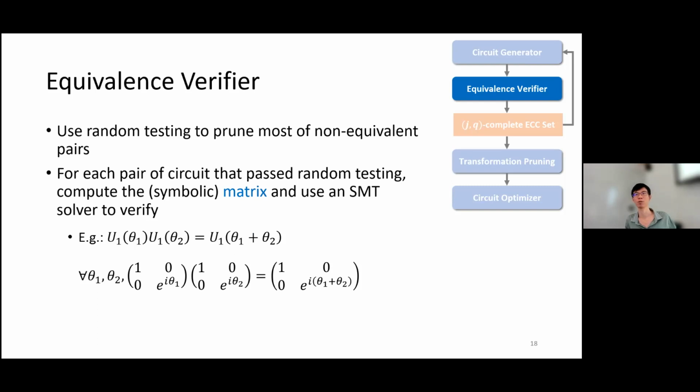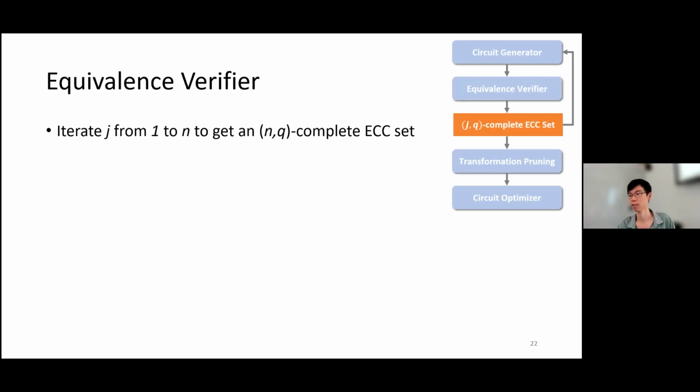For example, if we want to verify that U1 theta 1, U1 theta 2 is equivalent to U1 theta 1 plus theta 2, this is equivalent to this SMT formula that for all parameters theta 1 and theta 2, the multiplication of these 2 matrices is equal to the matrix on the right. You can see that it is indeed equivalent. And then we iterate j from 1 to n to get an NQ completeness set.